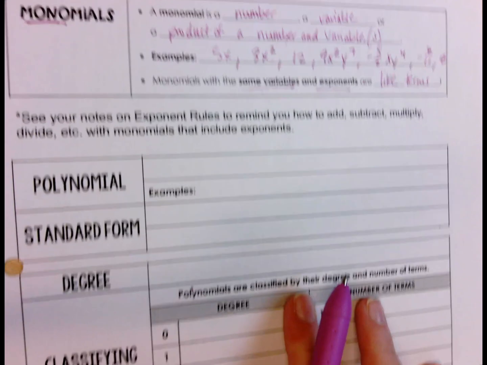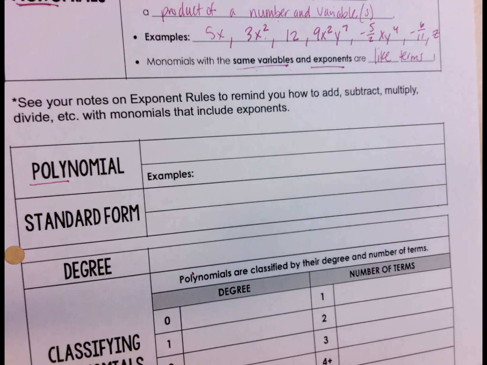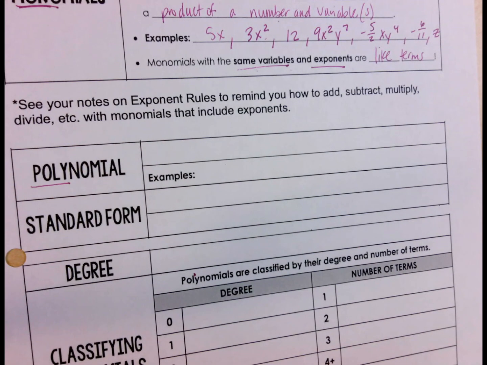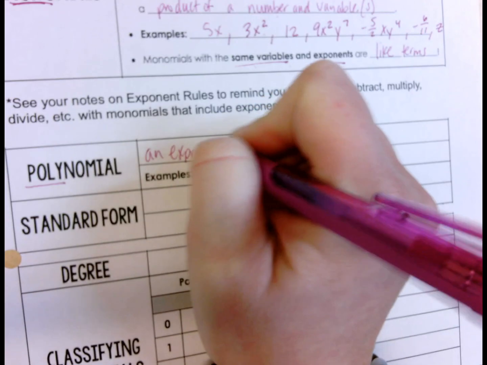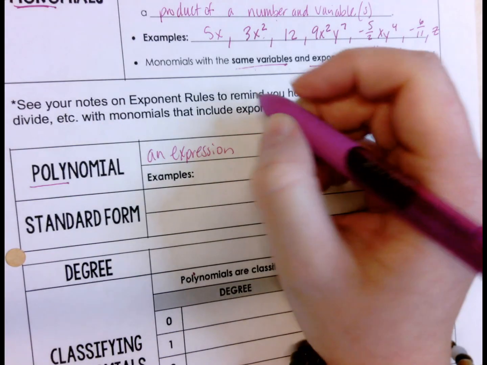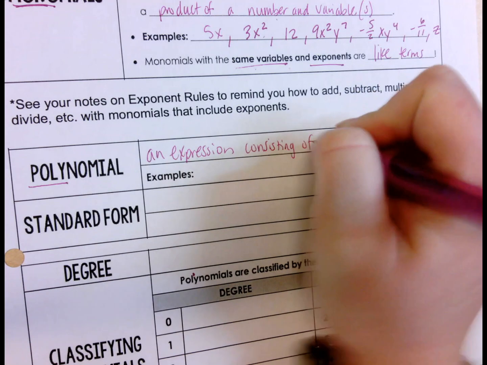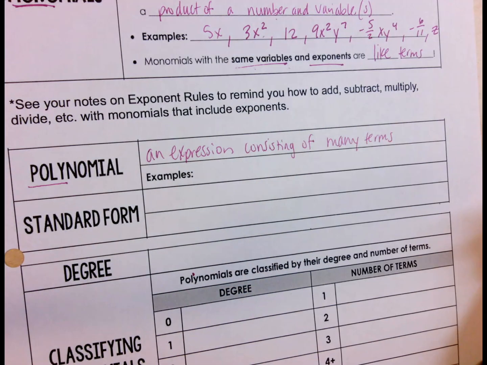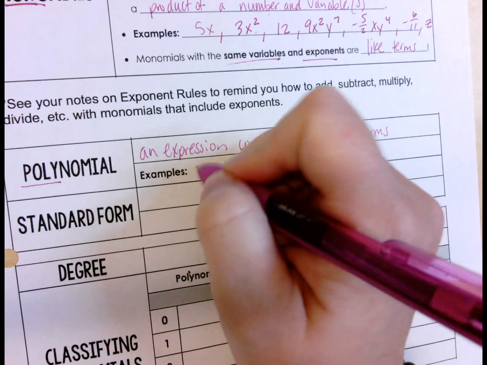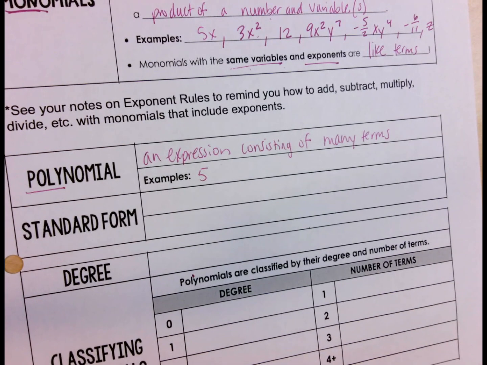So let's go ahead and talk about a polynomial. Poly meaning many, so many terms. So it is an expression. Remember, an expression does not have an equal sign. It's an expression consisting of many terms. So an example: 5 is still considered a polynomial because it does fall under the terms.